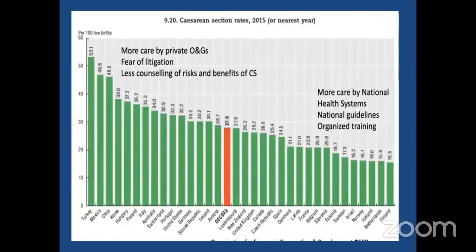Whereas if you look at, let us say, Israel or Sweden or Estonia, on the other end, they are somewhere around 10, 15 or 20%. So not only are the Caesarean section rates per se increasing, there is also diversity among the rates when it comes to private practice and when it comes to an organized national insurance system or national guideline based practice. So this is another diversity which is quite scary.